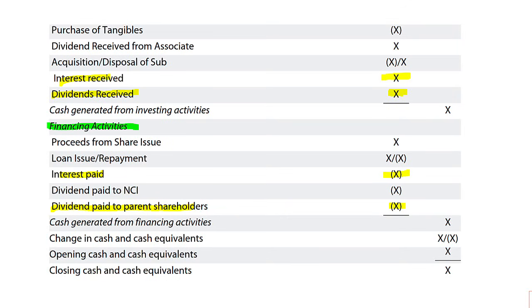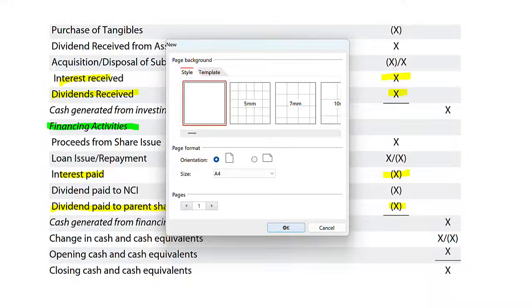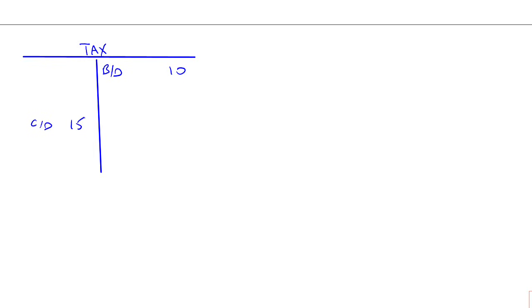And when we prepare a cash flow, you can either use traditional T accounts or a little bit of a schedule, but you perhaps remember that what you would want to do is to reconcile the opening and closing position in the balance sheet. So if this is tax, brought down 10 from the balance sheet, carried down 15 from the balance sheet.